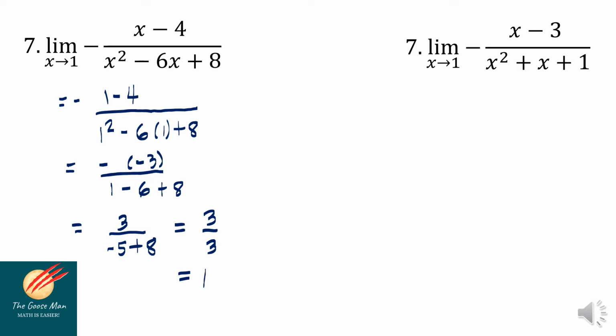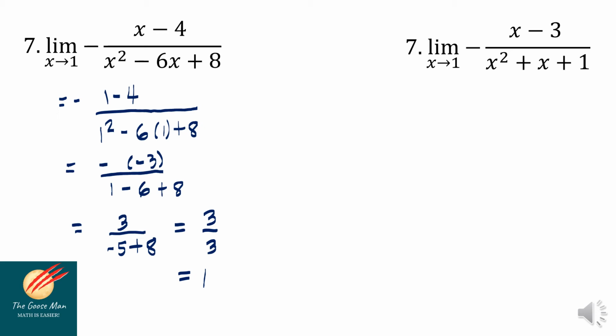Okay, let's move on to the next number. Number 8, we have the limit of negative of x minus 3 all over x squared plus 1. Again, we will use the direct substitution of x is equal to 1.